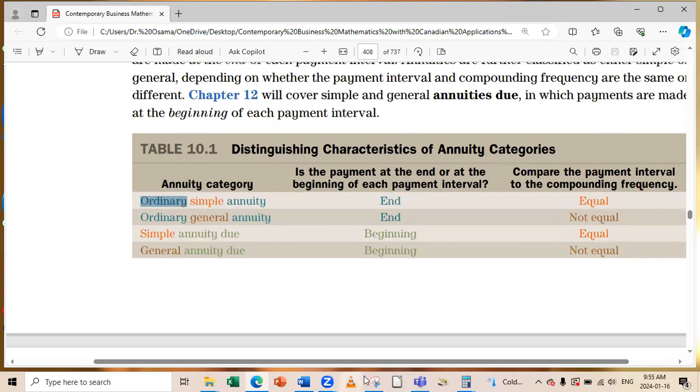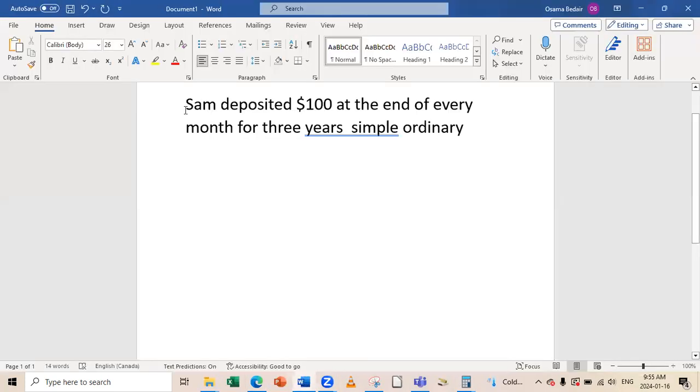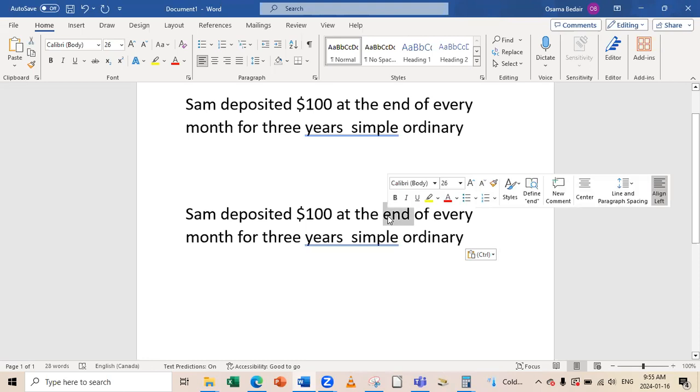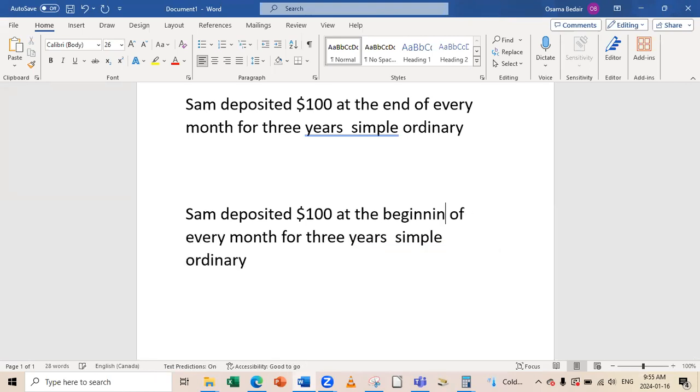But if I say it like this, I will take the same sentence back, Control C, and I will say here, Sam deposited $100 at the beginning, at the beginning of every month for 3 years.